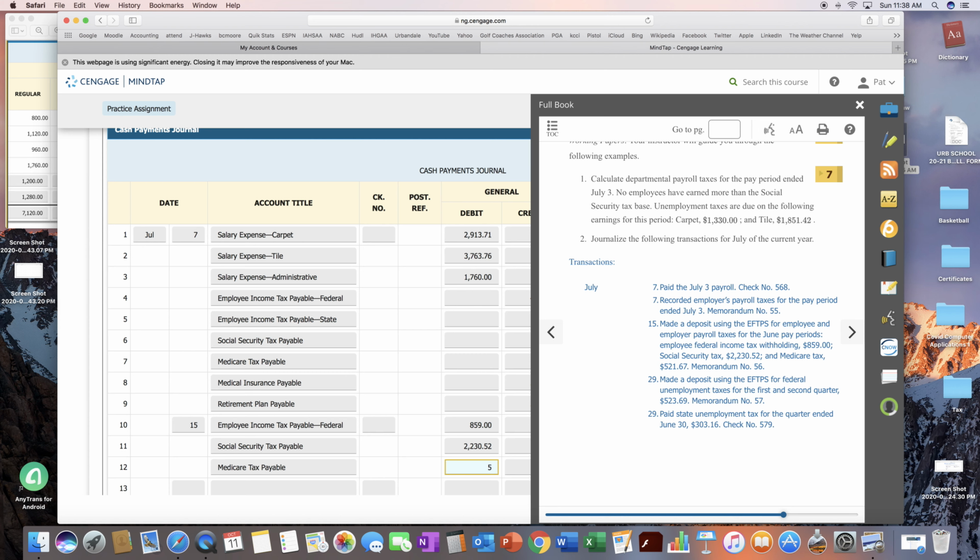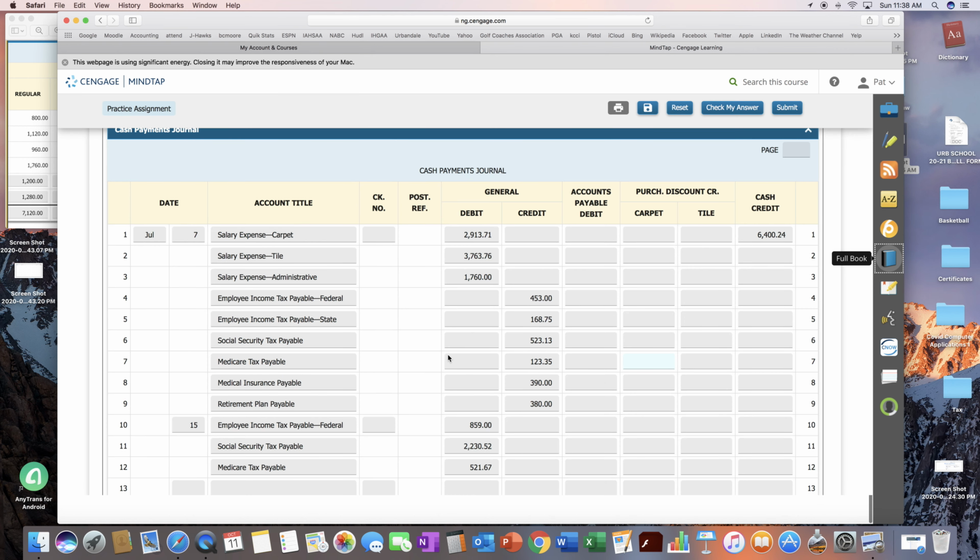So 521.67. Again, we get these numbers from here. We recorded these last month. Now we're just paying them. It's the June. That's why they're giving us these numbers. Okay. So then, in order to, hopefully that'll close, we will credit cash again on the top line and talk about how we just put it on the top line.